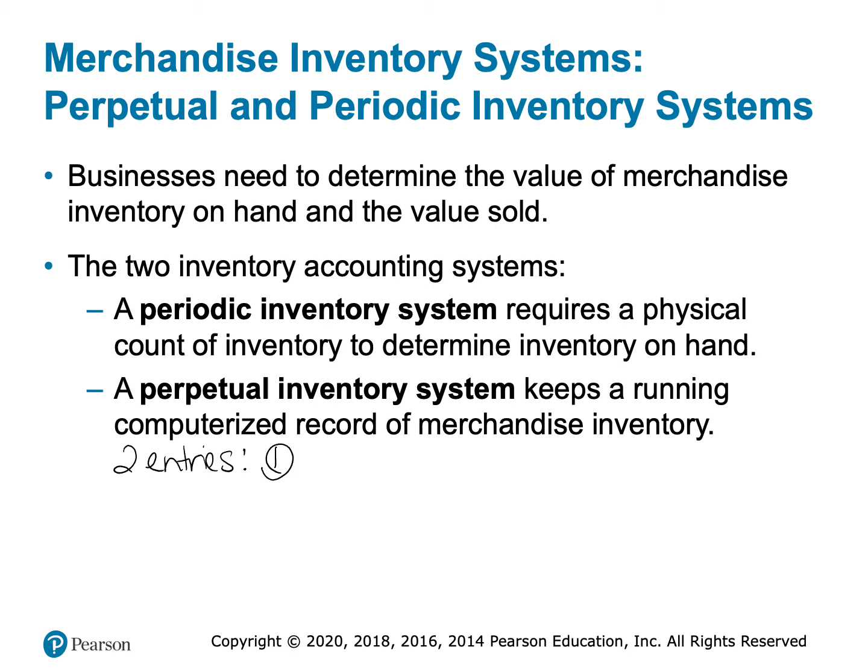This is the same entry that we learned way back in Chapter 2. Remember, sales revenue is a revenue account, which means it is always, always, always credited. So I'm going to credit, in this case, sales revenue as opposed to service revenue. And I'll debit either cash or accounts receivable, depending on how the customer paid me.